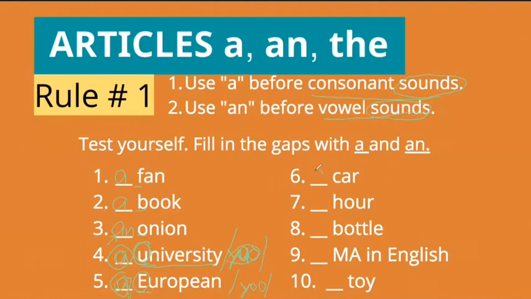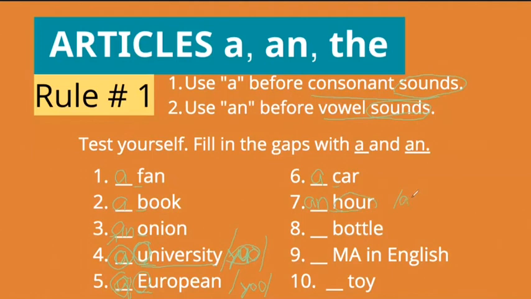Next is a car. Yes, that's a consonant sound. This one is an hour. Okay, teacher, why did you use an instead of a? Because the letter H is a consonant. Again, in this word, hour starts with the vowel sound ow.